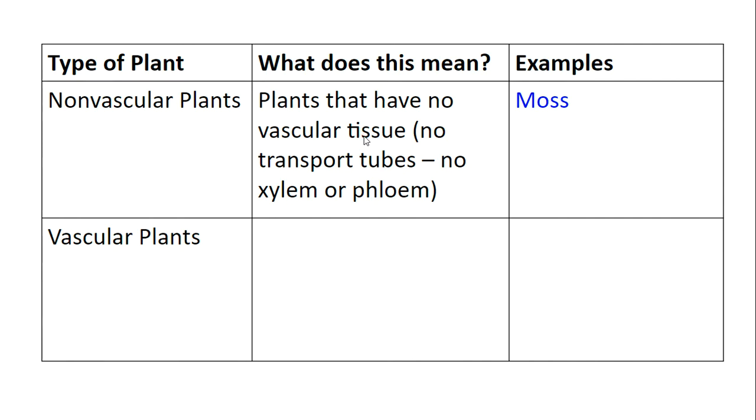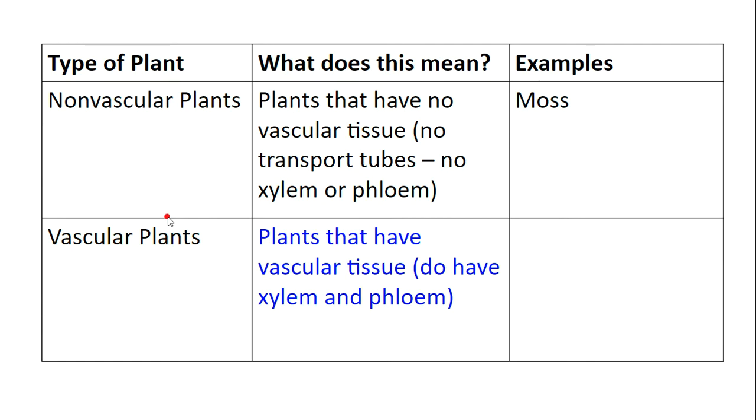Remember, mosses are non-vascular because they are very small. They cling to the spot where they are growing. They cannot grow very tall because they do not have the vascular tissues to transport materials far away. So non-vascular plants like mosses tend to be pretty small.